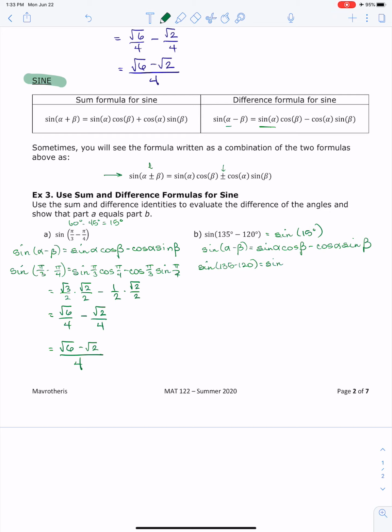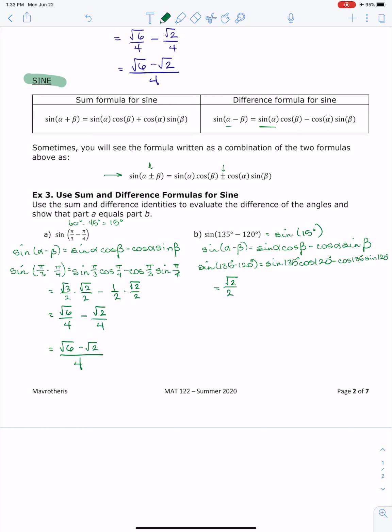So I've got what here? Sine 135 cosine of 120, minus the cosine of 135 times the sine of 120. All these should have degrees. Equals the sine of 135, that's in the second quadrant.